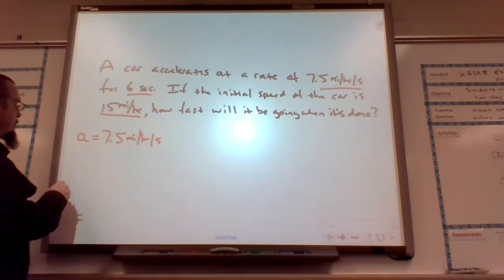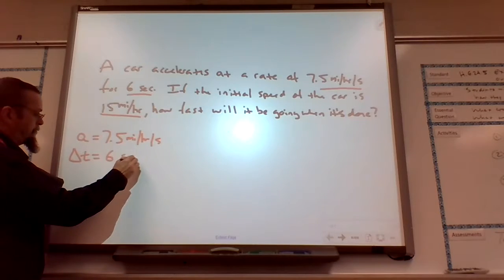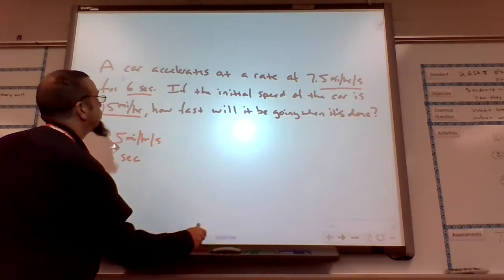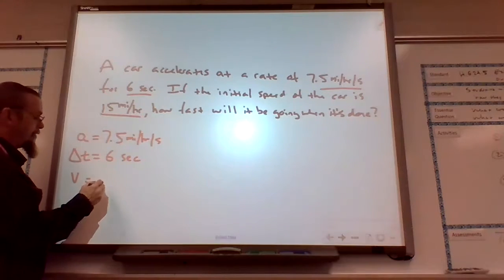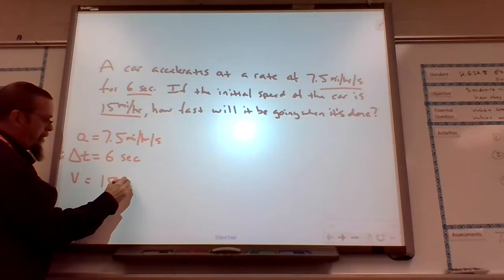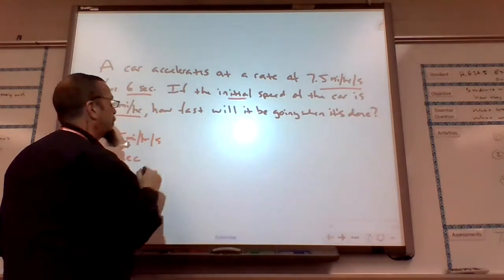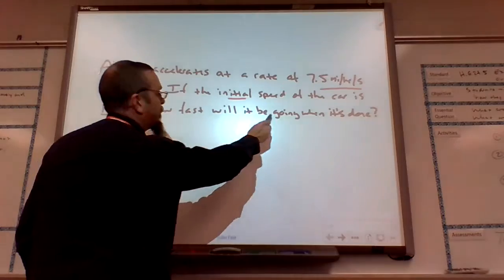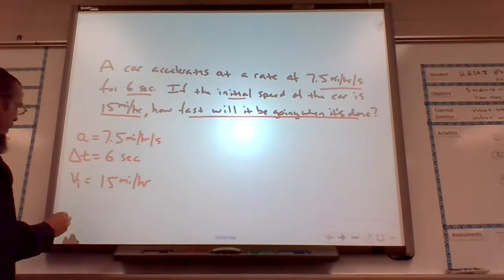Six seconds is a delta t. And 15 miles per hour is a v, again either f or I. This time it does say initial in the question, so we know that's I. We want to figure out how fast it'll be going when it's done, so we are looking for VF in this problem.